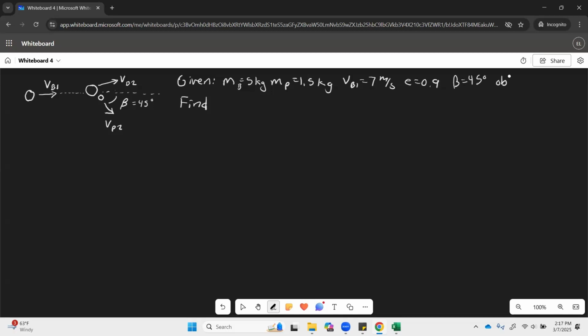This is an oblique collision. Okay, so we're going to find now post-collision velocities, so VB2 and VP2.